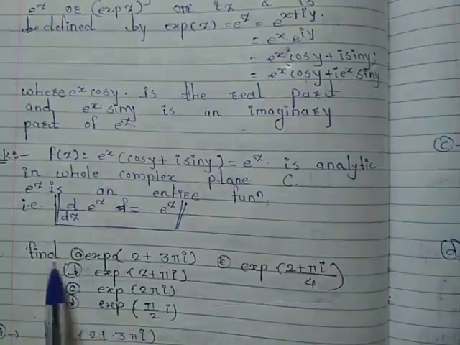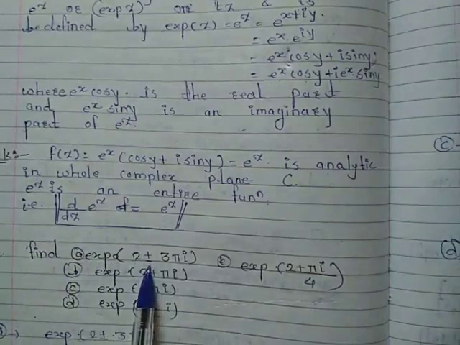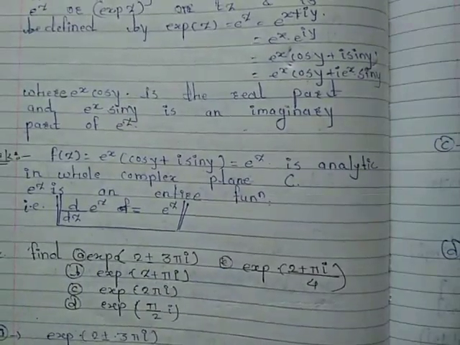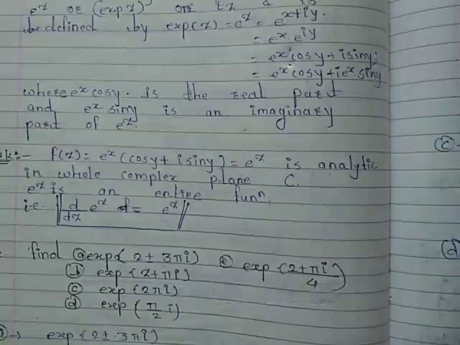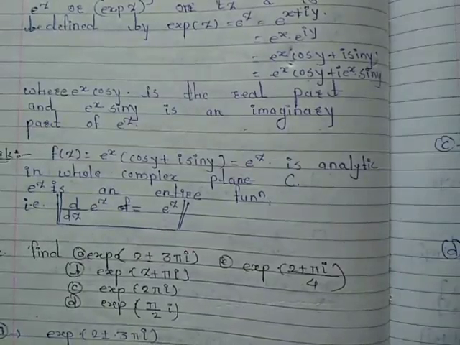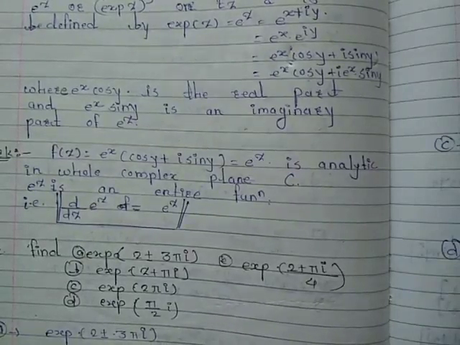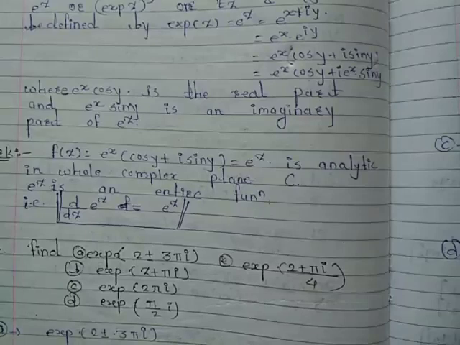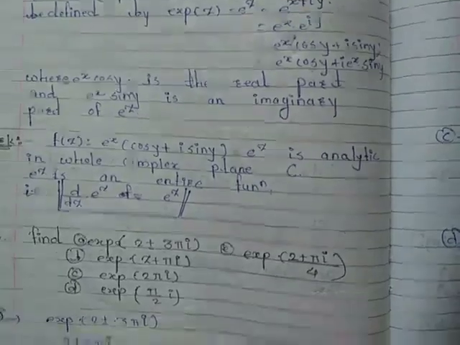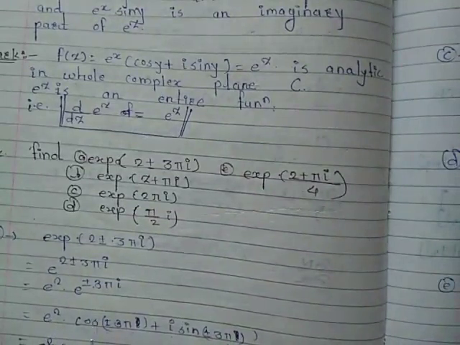The first example is to find the exponential of 2 ± 3πi. This can be written as e^(2 ± 3πi), which equals e² times e^(±3πi).